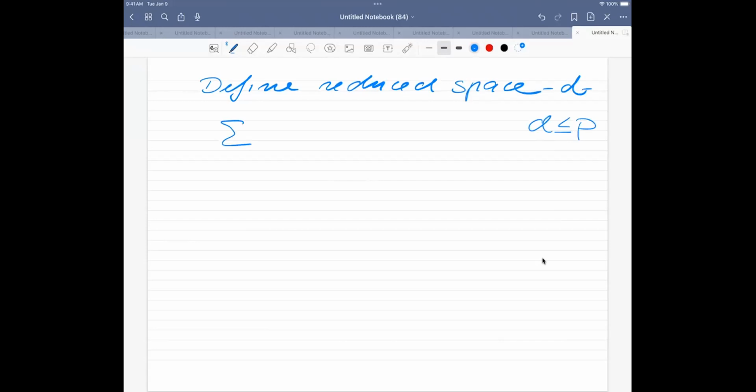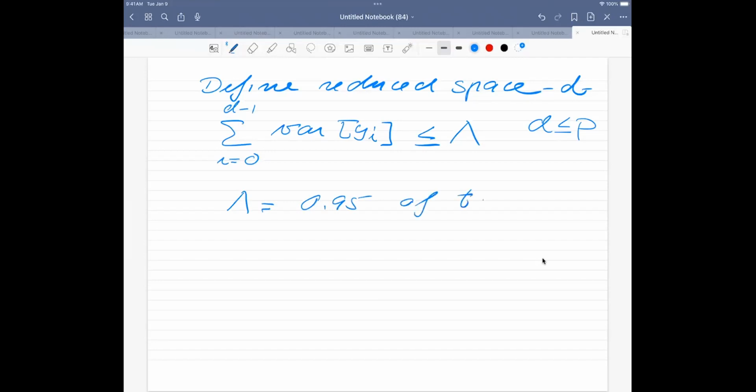And then I'm going to make an approximation where I have a sum up to D minus 1 of the variances, which are now just the diagonal elements here. And I can now assume that this is smaller than a given number, lambda. And that lambda could be, as an example, 95% of the total variance.